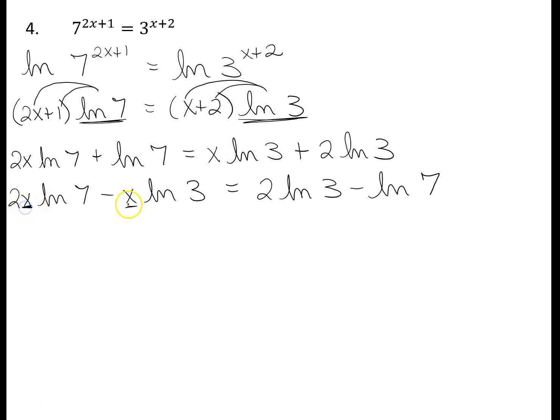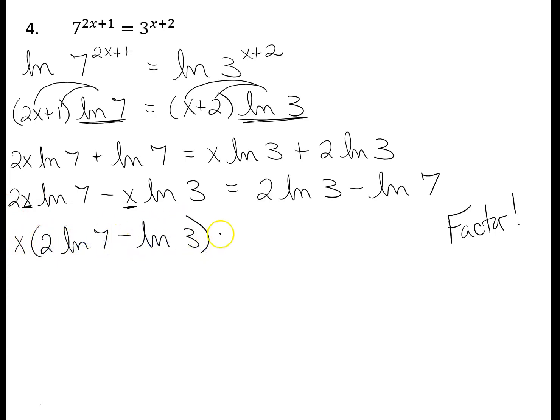Next, since I have an x in both of these terms, I'm going to factor out the x. So let's make a note. Factor out the x. And that's going to leave me 2 log 7 minus log 3. And I'm just going to leave the right side like it is.